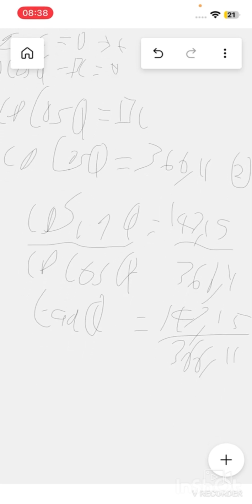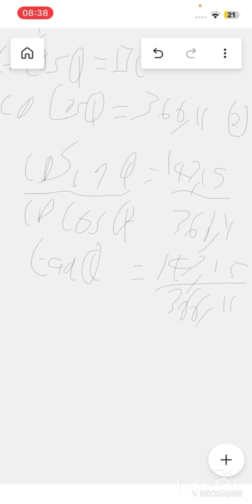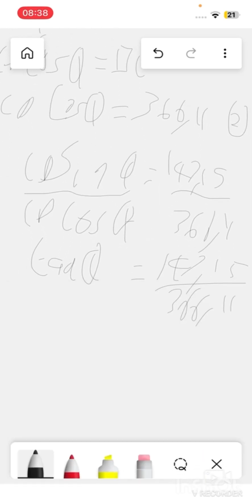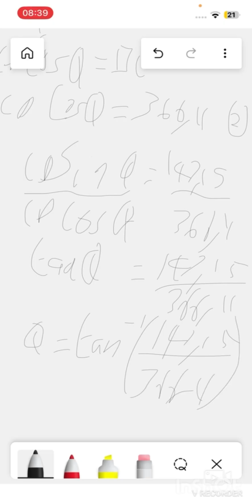Therefore, where are we off to? We have to transpose the tan ratio. Theta is going to be tan inverse of 147.15 over 366.11, close bracket.